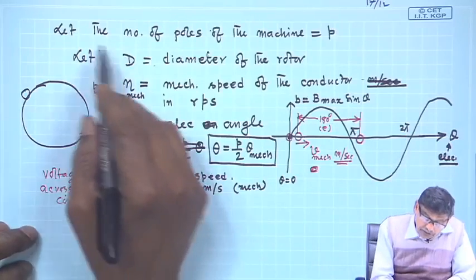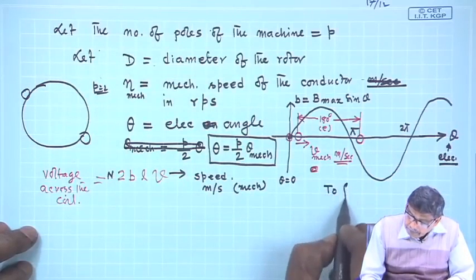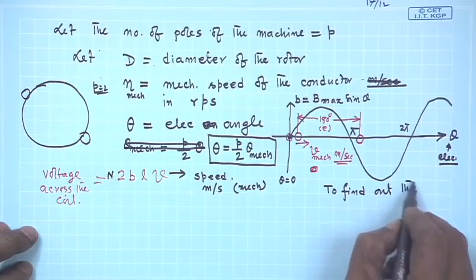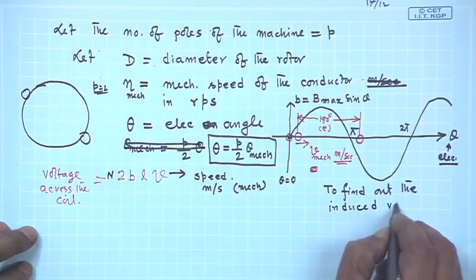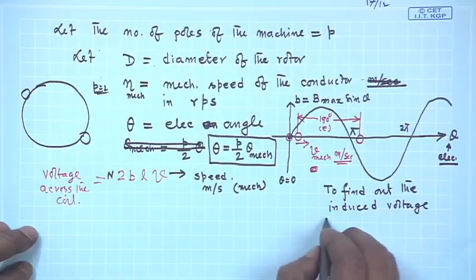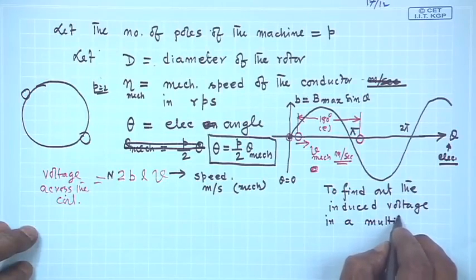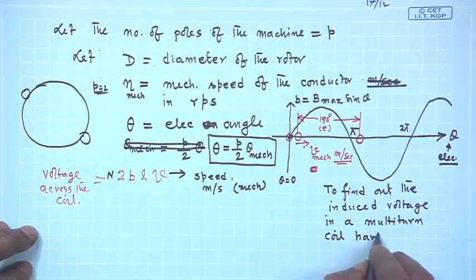So, we want to find out the induced voltage in a multi-turn coil having n number of turns.